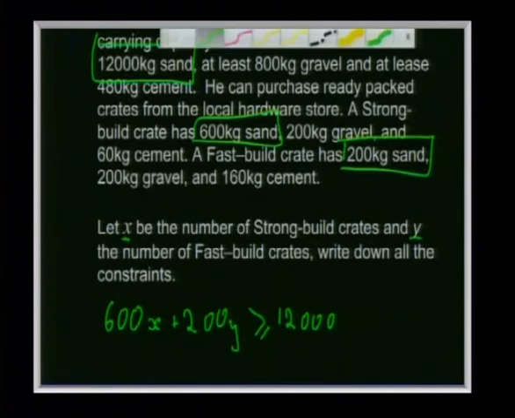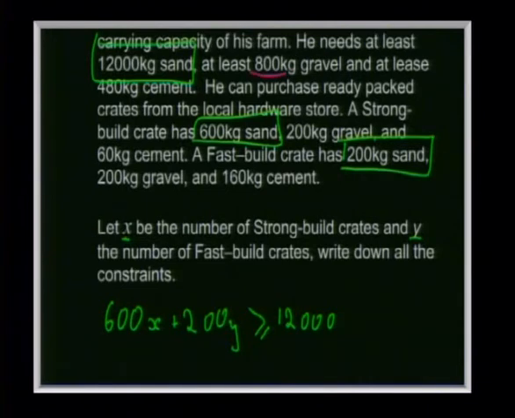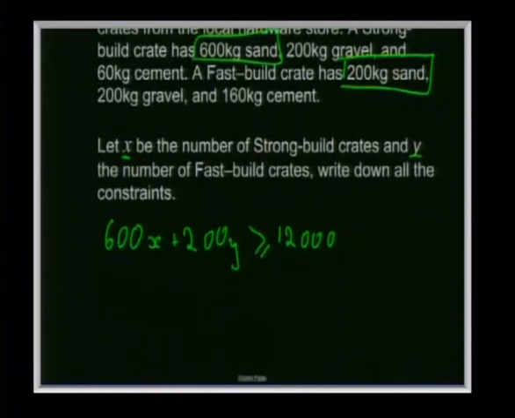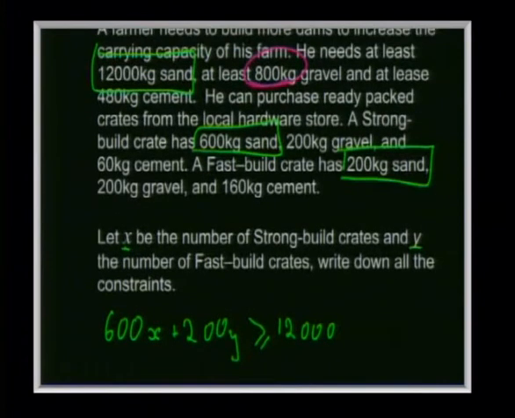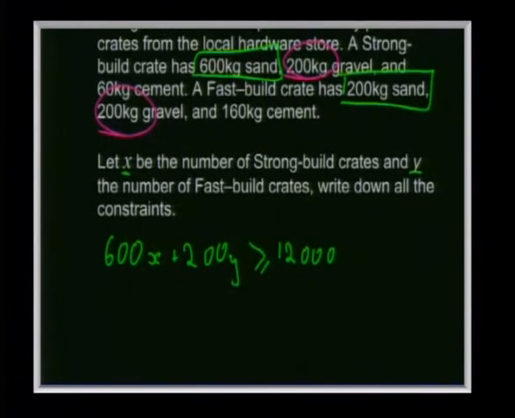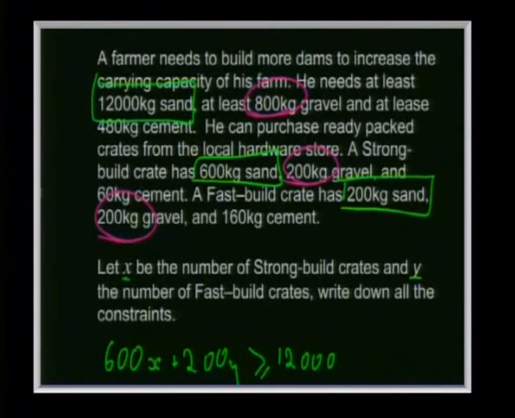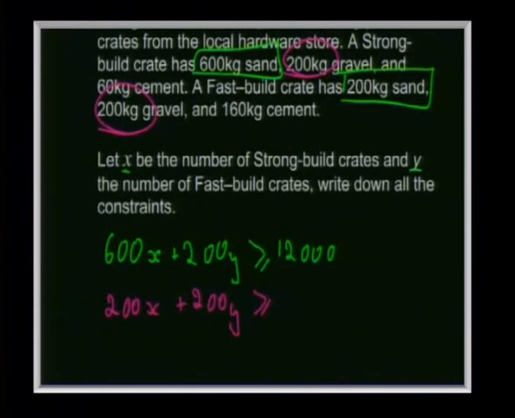Let's change pen color and have a look at the next one. We're going to look at gravel. We've got to have 800 kilos of gravel. Strongbuild gives me 200 kilos. That's my x. Fastbuild, my y, gives me 200. And I've got to have at least 800. So 200x plus 200y has got to be bigger than or equal to my total amount of gravel needed, 800 kilos.